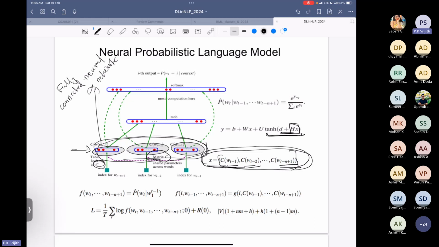Here, H is the weight matrix that you use to multiply the representation, which is represented by X. Then you pass it through tanh to get tanh of d plus H of X. Then you multiply that with some U.